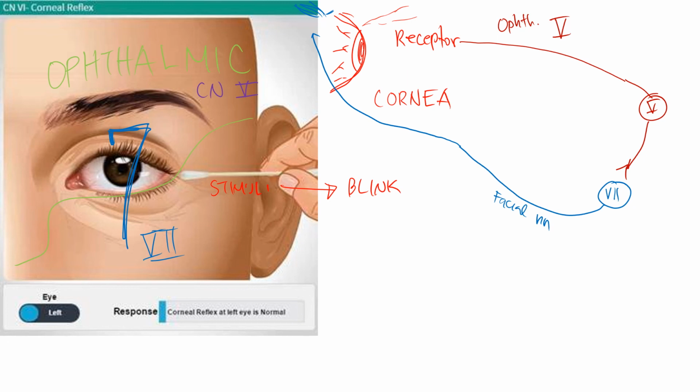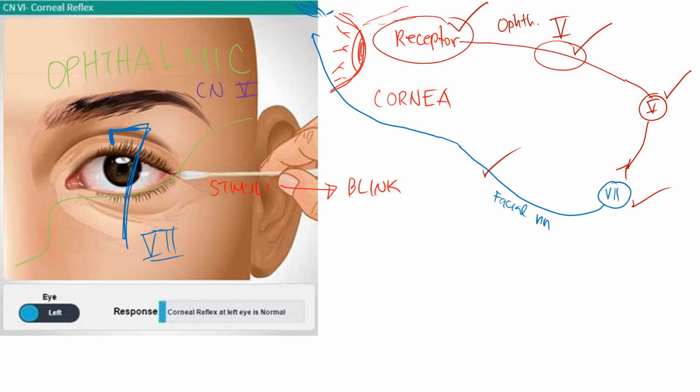So, with a very simple corneal reflex where you just touch a wisp of cotton to your cornea, what are you testing? Once you have a blink, you are basically confirming that your receptor is intact. Your cranial nerve 5 nerve is intact. Your cranial nerve 5 ophthalmic division nuclei is intact. Your cranial nerve 7 facial nerve nuclei is intact.